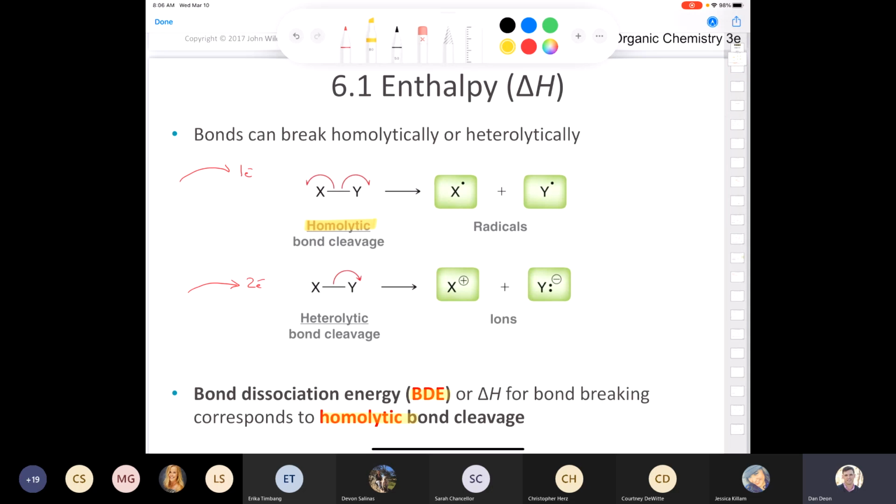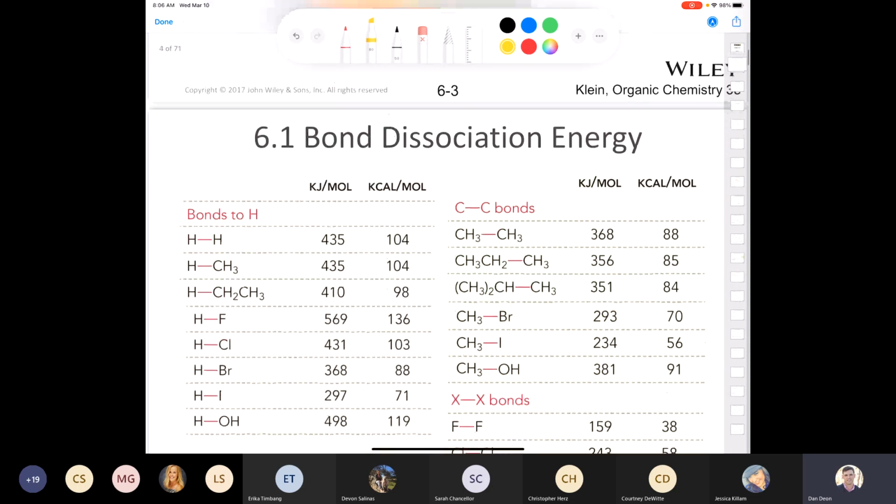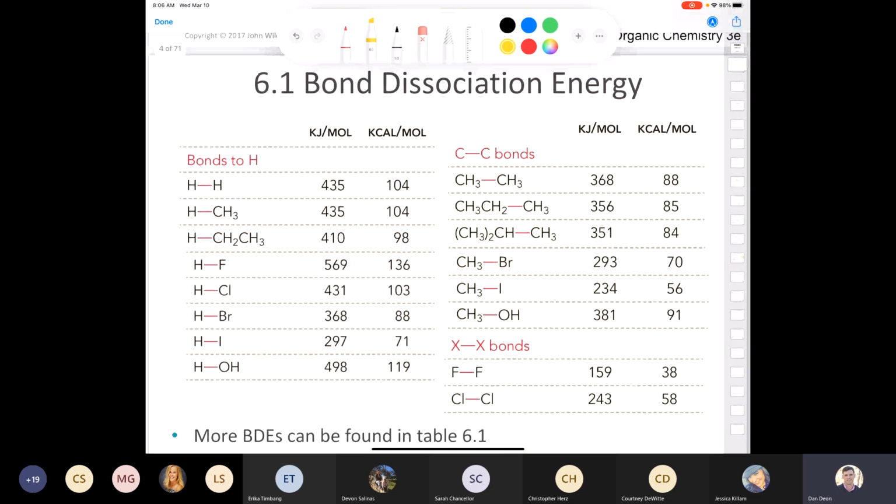Now, if you're wondering, what is a bond dissociation energy? If we look at table 6.1, and this isn't the entire table, this is just a few bonds that I isolated and put into this slide. If you look at bond dissociation energies, which we're going to look at in terms of kilojoules per mole, these represent the amount of energy that it takes to break that bond homolytically.